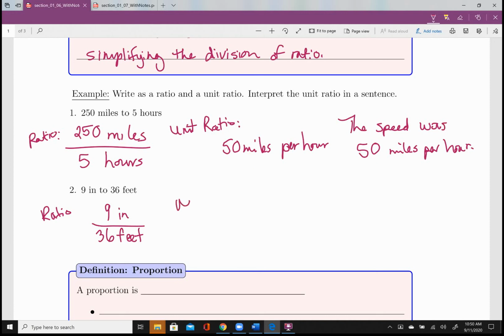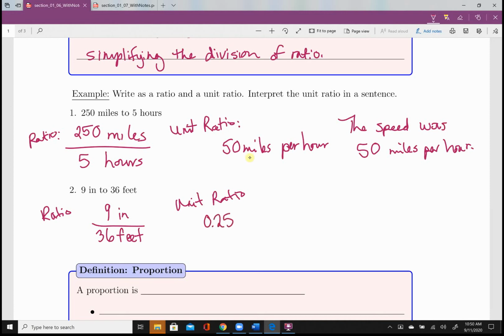So the unit ratio. Let's actually divide it, and it'll be coming to us in the form of a decimal, if I'm not mistaken. So if I reduce this fraction, just focusing on the numbers and not the units at all, the 9 goes into the 36 exactly 4 times, 9 goes into itself once, so it'll be 1 over 4, right? Also known as 0.25 as a decimal.